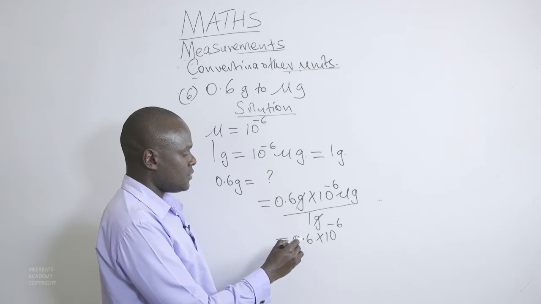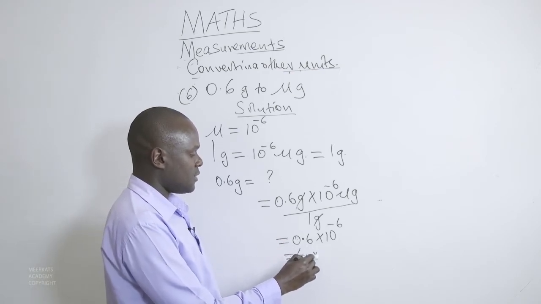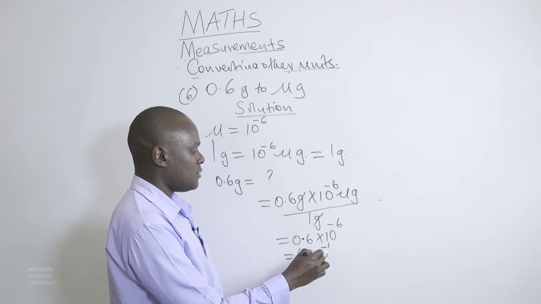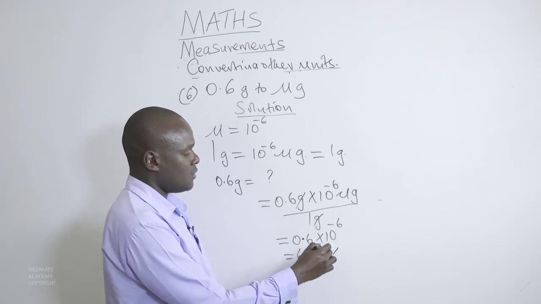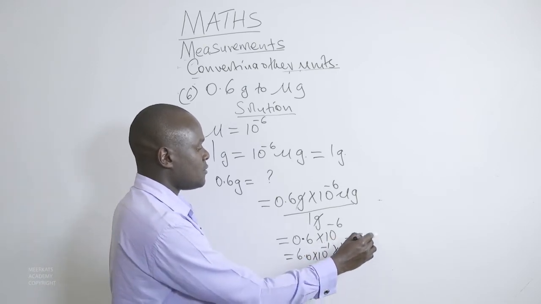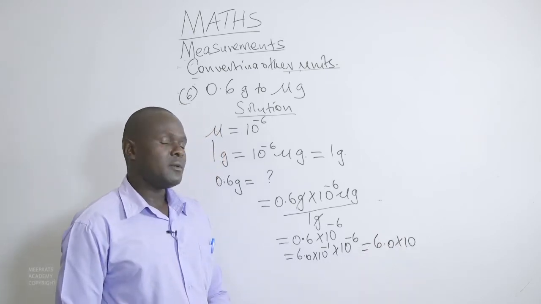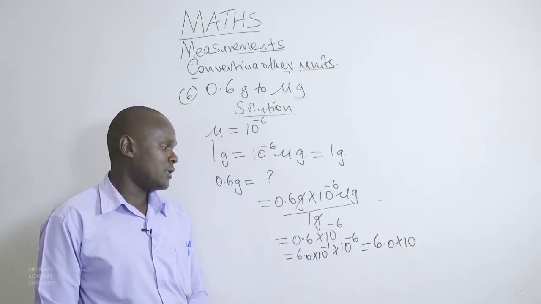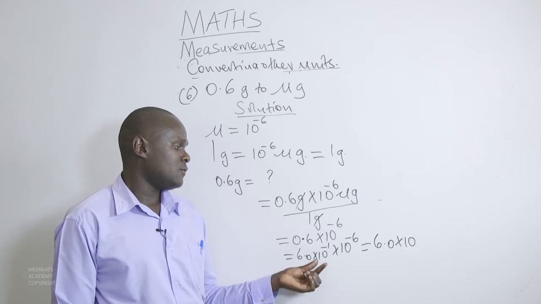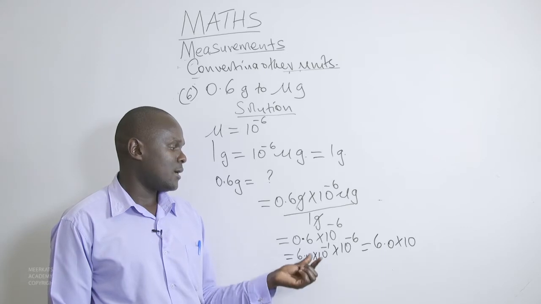This number alone is the same as 6.0 times 10 raised power negative 1, times 10 raised power negative 6. Remember the laws of indices, that if you are multiplying numbers with the same base, you simply add the powers.